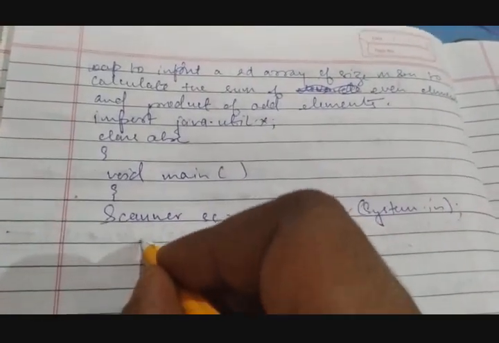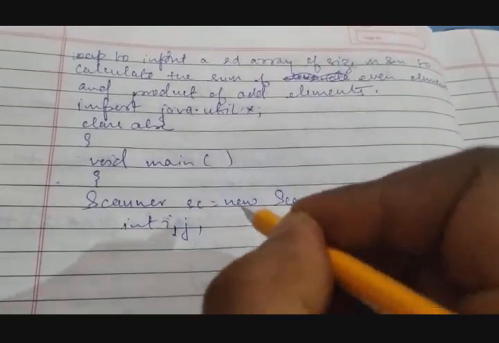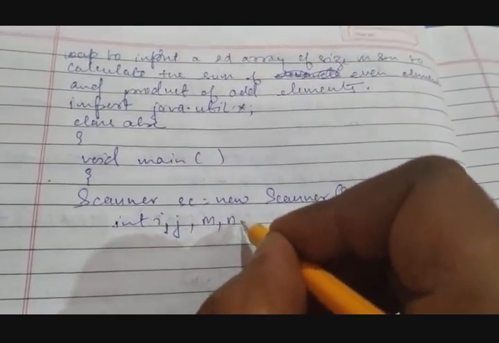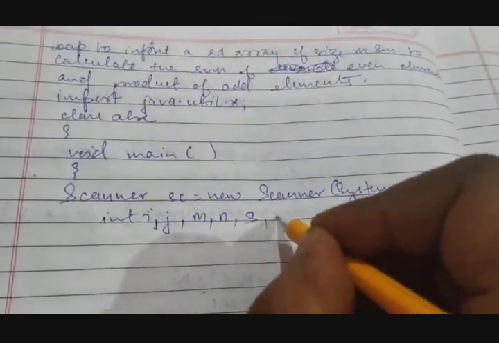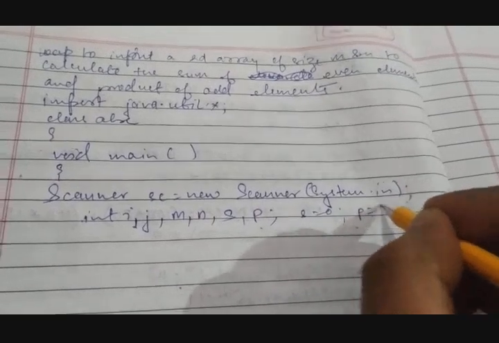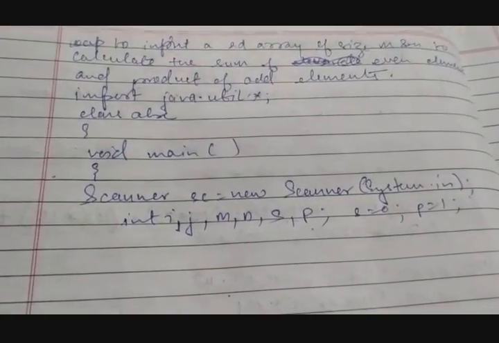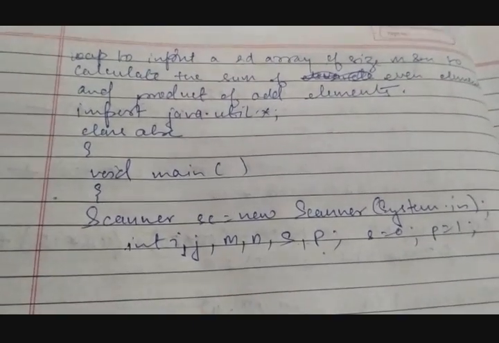So what do we require? We require i, then j loop variables, we require m, we require n, we require a sum, we require a product. Sum is set to 0, product is set to 1, and then here we go.